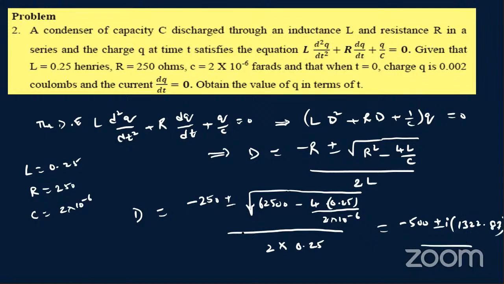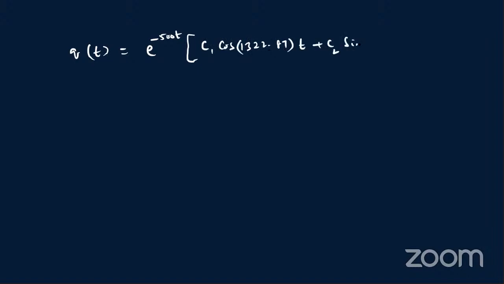The answer will be d as minus 500 plus or minus i into 1322.87. Therefore, I can write the charge Q of t as e power minus 500t into C1 cos 1322.87 t plus C2 into sin 1322.87 into t.